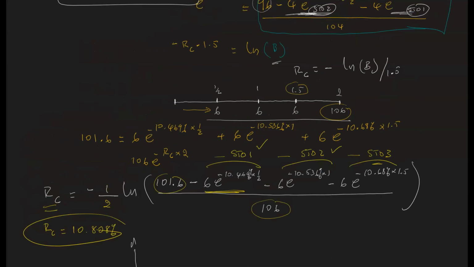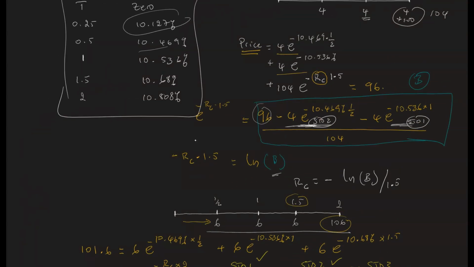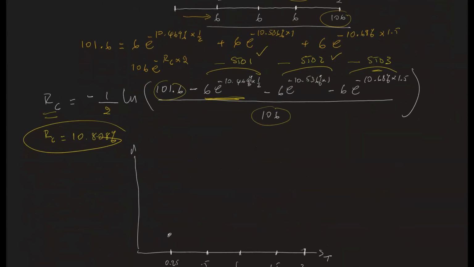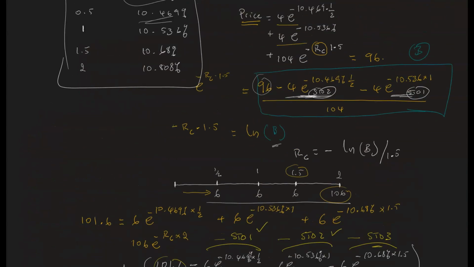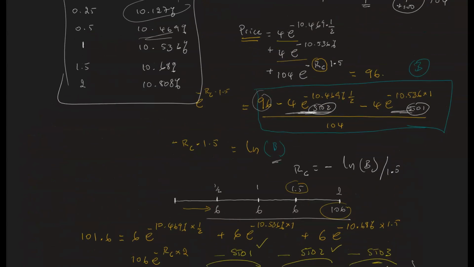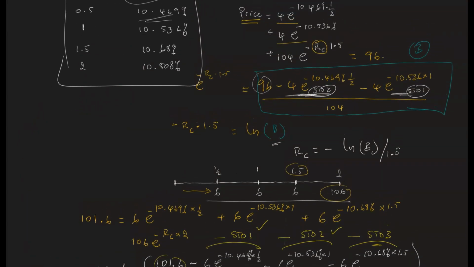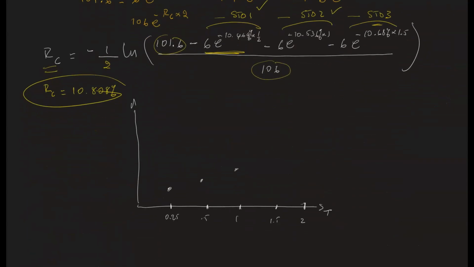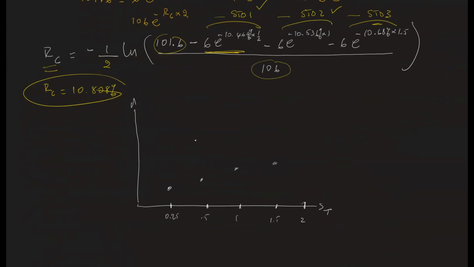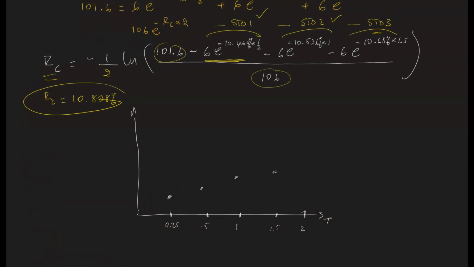On the second one, I have 10.469, maybe a little bit above. The third one is 10.536, just a little bit above. The 1.5 years was 10.68%, so just a little bit above again. And the 2 years we found at 10.808, so about there.